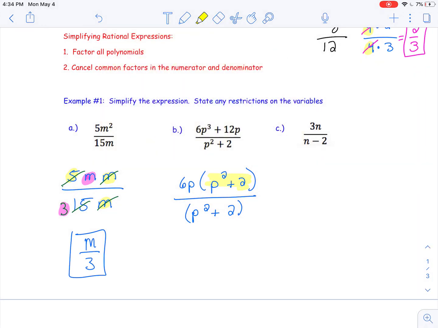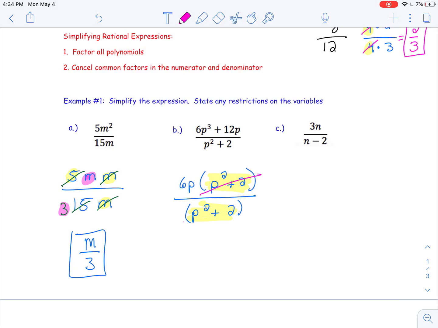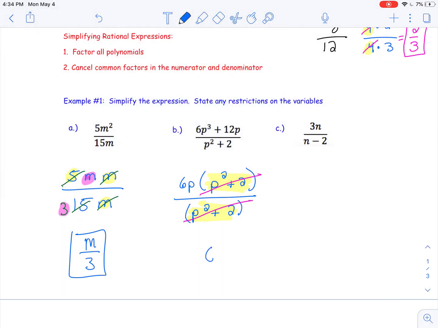I can cancel out the p squared plus 2 and the p squared plus 2. Those are factors, so I can cancel those out, and I'm left with 6p. The most common mistake is people trying to cancel things that are added and subtracted. It has to be things that are multiplied that can be canceled out.